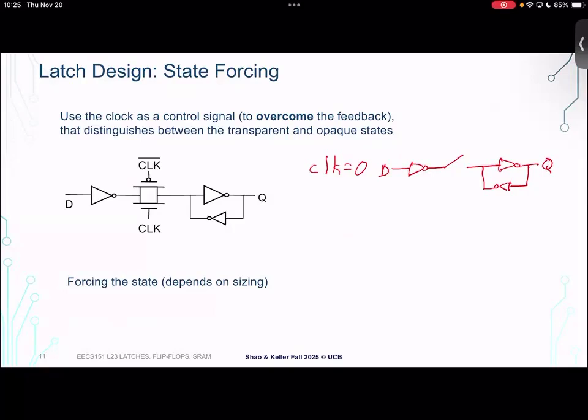And we have that positive feedback, those cross-coupled inverters that are remembering the previous state. So that looks good, so far so good. What happens when clock equals 1? Well, now the transmission gate is on, the switch is closed. And so our topology looks like this.